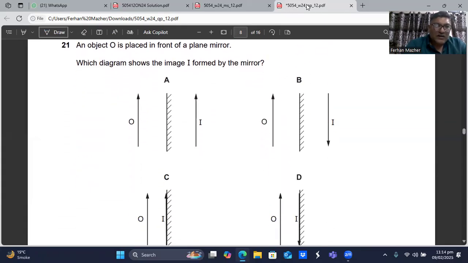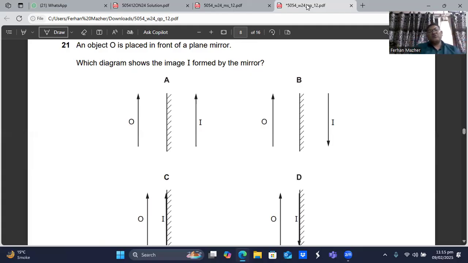Question number 21 is showing up on your screen. An object O is placed in front of a plane mirror. Which diagram shows the image F formed by the plane mirror? Okay, so you know the distance of the object and the distance of the image from the mirror must be the same, and the image is virtual.